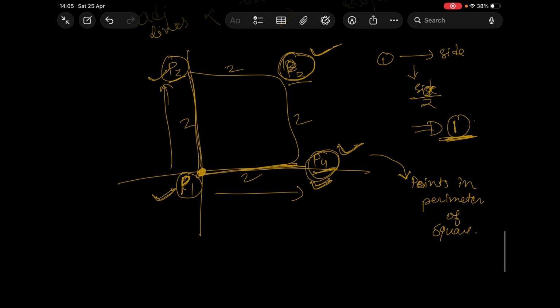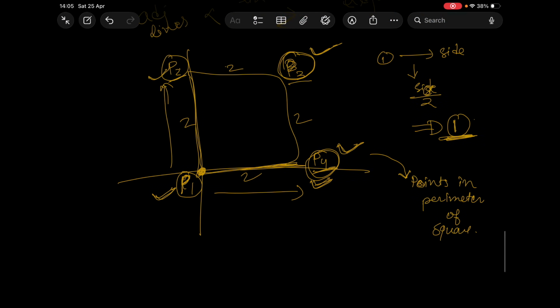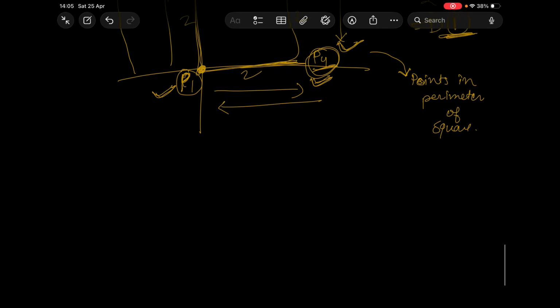Meaning I start from here, I take these points in one line, then these points on the same line continuous, then these points and these points. Okay, this is a circular thing, right? Because we have to consider both the things.